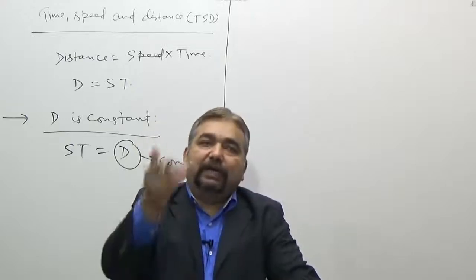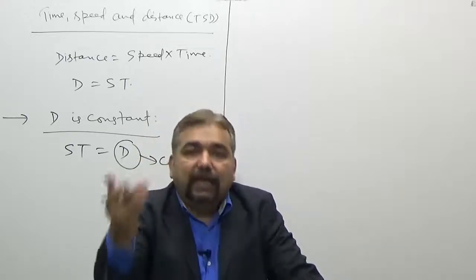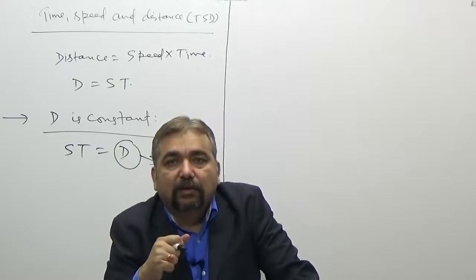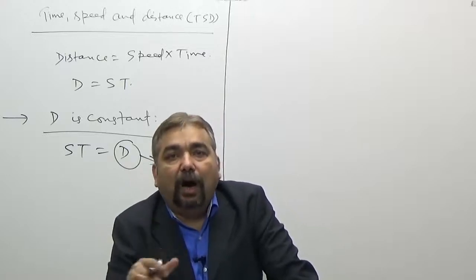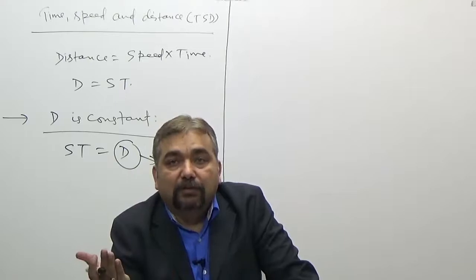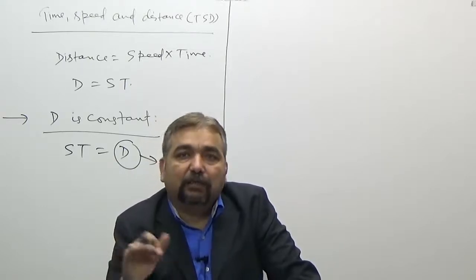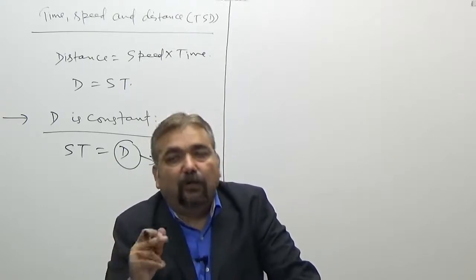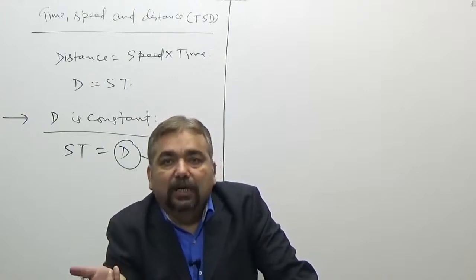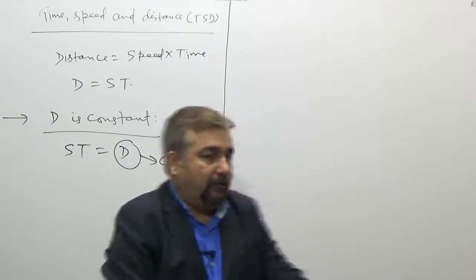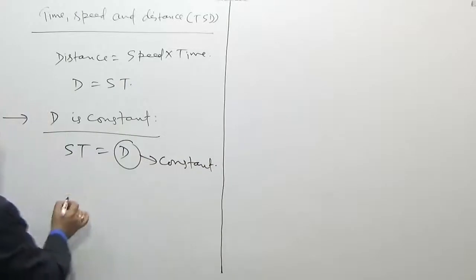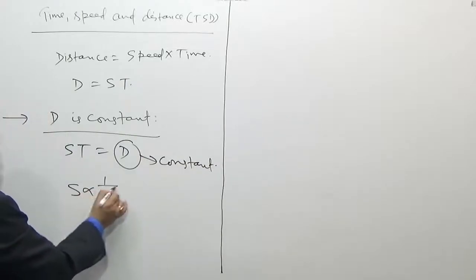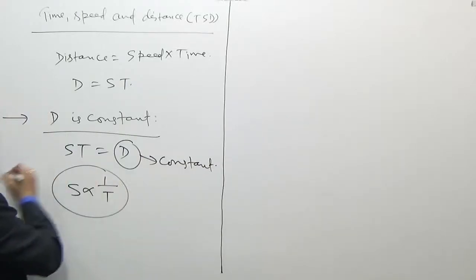Other way, when we decrease the speed, the time taken will increase. Means, speed and time are inversely proportional. One increases, then the other must decrease, and vice versa. So, what do we write? The notation is like this: speed is inversely proportional to time.